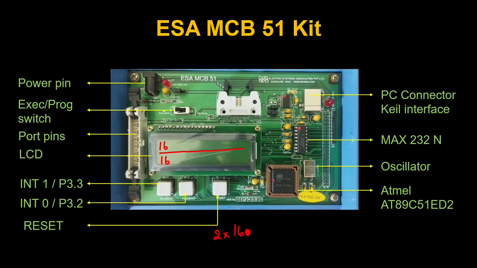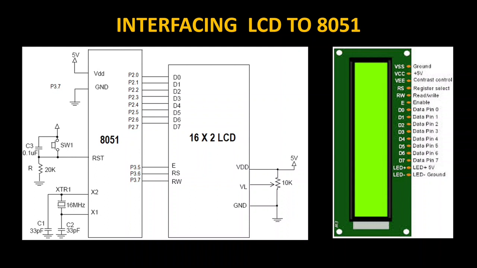So this is done, but in which port it has been connected, we have to understand so that we can program that specific port, right? In order to do that, we configure that port as an input port or output port, depending on how we want the display. So we have to understand how your kit is connected with the LCD. While you are seeing VDD, ground, and the other pins, those are for the 8051.